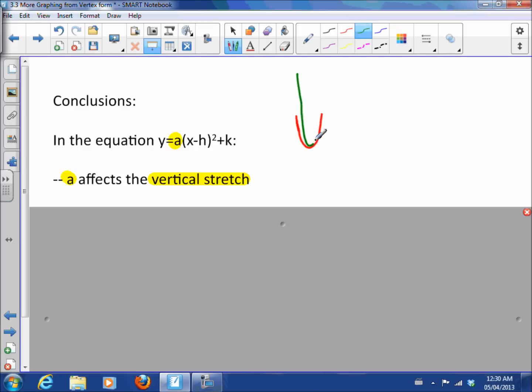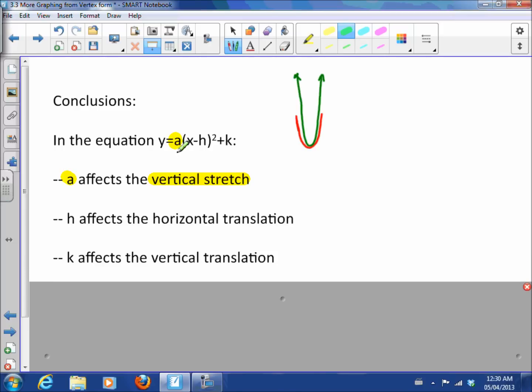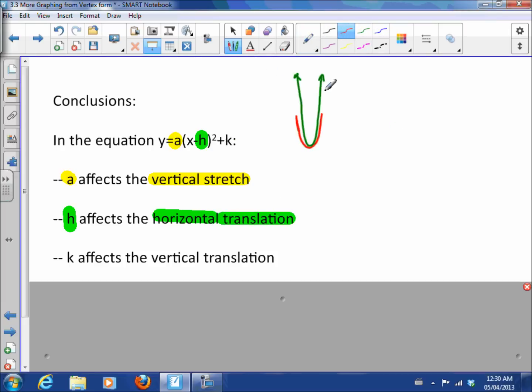So it takes the parabola and vertically stretches it, okay? The second part, H, affects what we call the horizontal translation, okay? So what that means is that our original parabola gets moved horizontally. So it gets moved to the right or to the left, okay?